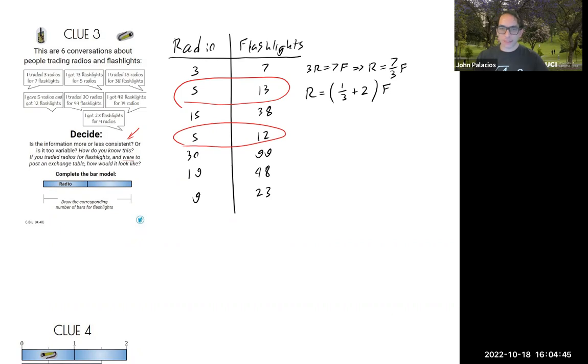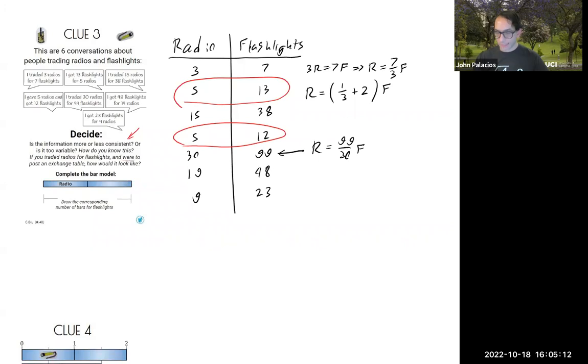So you can see here that a radio should be more expensive than a flashlight based on these exchange rates. You can do this same analysis with other entries. For example, here we see that a radio is worth 99/30ths of a flashlight.